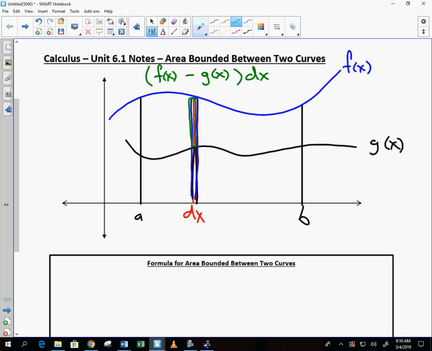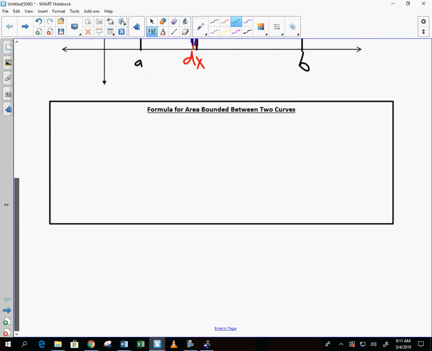We're not satisfied with one rectangle. How many rectangles do we want? An infinite number. And so we used to have to set up a limit with Riemann sums. Now it's super easy for us. As soon as we want to do an infinite number, all we do is this. So the formula for area bounded between two curves is very simple.